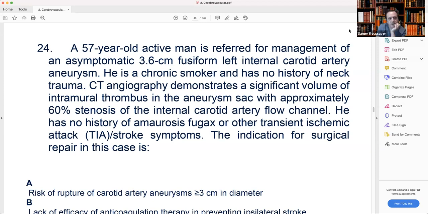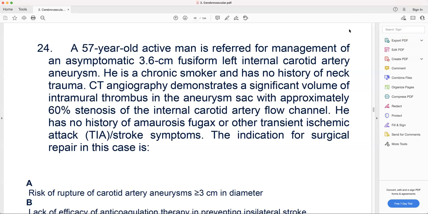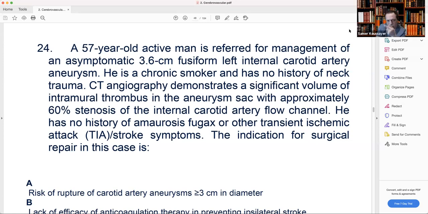Okay, before you start, they're talking about an asymptomatic internal carotid artery aneurysm, 3.6, correct? Yes, plus 60% stenosis of the internal carotid artery.